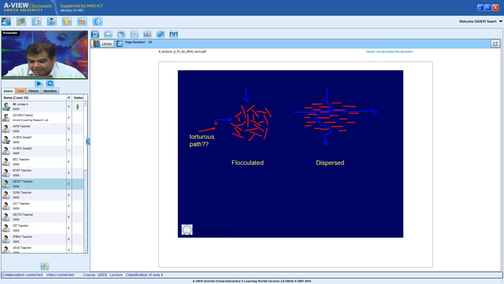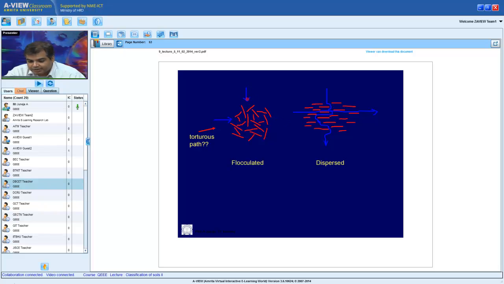So with random lines, if I allow water to permeate in the horizontal direction, that's the blue arrow. There's another blue arrow wherein the water is allowed to permeate in the vertical direction. What we see is that in both cases the path is tortuous, meaning the water will have a lot of difficulty to reach the other end.